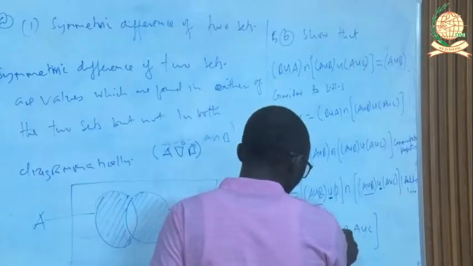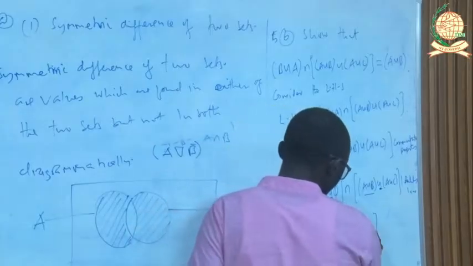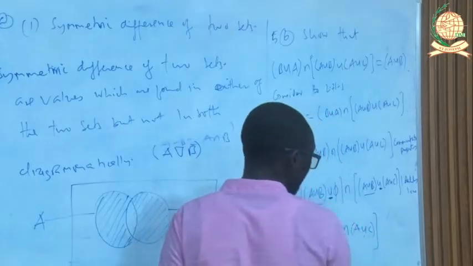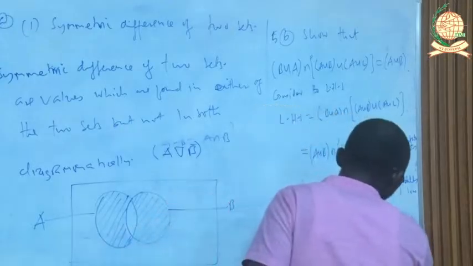So it is clearly mathematically equivalent to the previous one. This is called the distributive law.